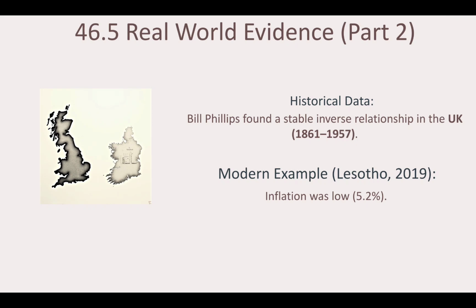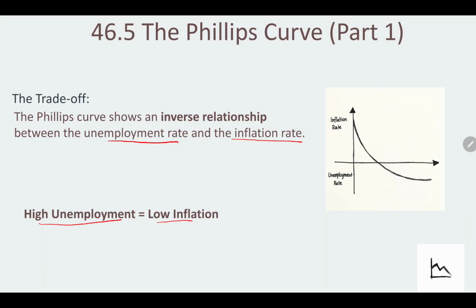Real world evidence: Bill Phillips found a stable inverse relationship in the UK between 1861 and 1957. In the modern example, in 2019, inflation was low because of high unemployment.